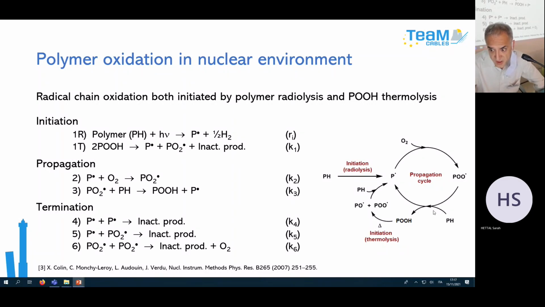And this combination leads to the formation, in fact, of a closed loop path in which oxidation propagates and leads to the formation of hydroperoxide, which decomposes, and you have a new step of propagation of oxidation. So it is really a closed loop mechanism.